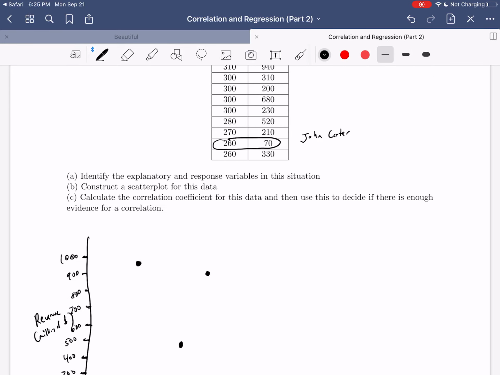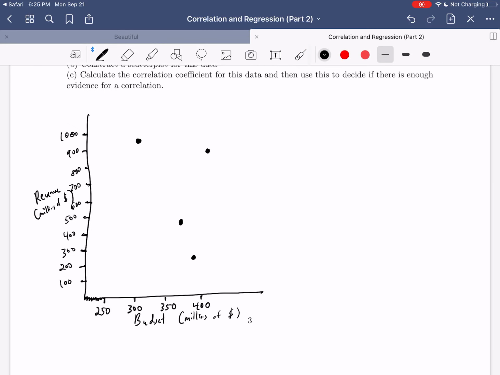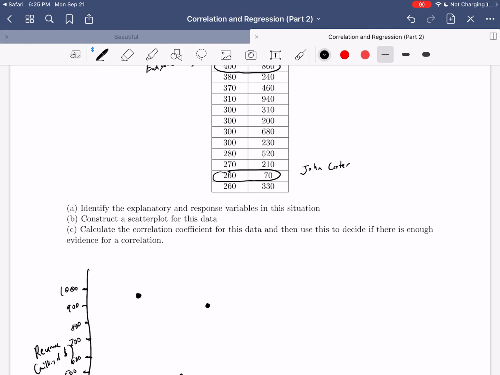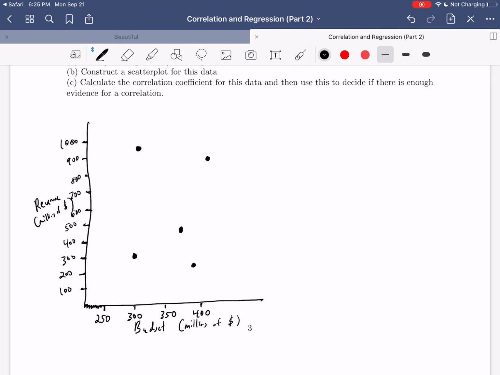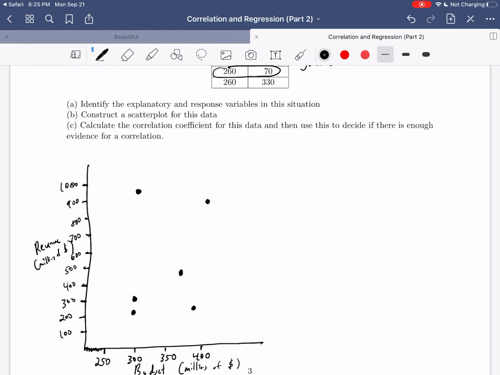Okay. Then we had 300 and 310. So 300 and 310, something right about there. Then we had 300 and 200, so that would put us right there. Then we also had 300 and 680, so that would be right about there.